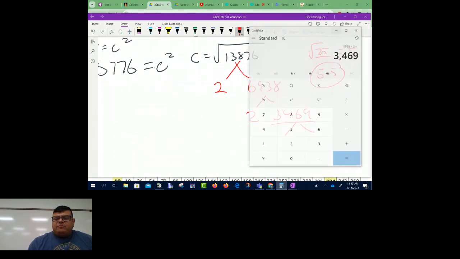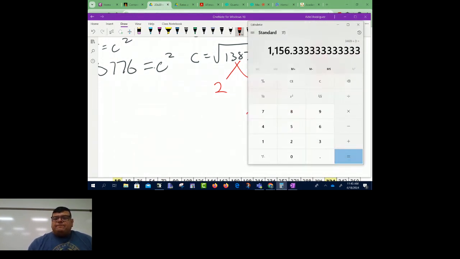Now I can't divide this number by 2, but I'm curious. Can I divide it by 3? Nope, doesn't look like it. I can't go by 5. Can I go by 7? Nope. Can I divide 3,469 by 11? Nope. By 13? Nope. By 17? Nope. By 19? Nope.